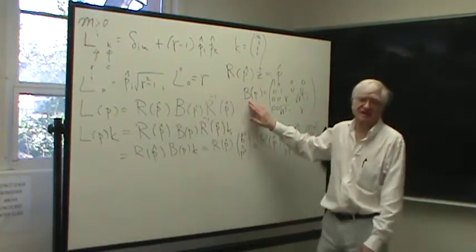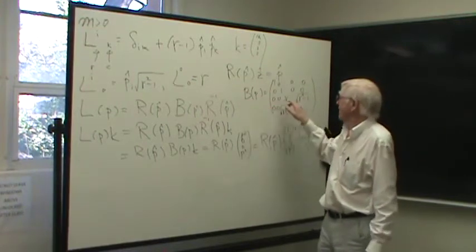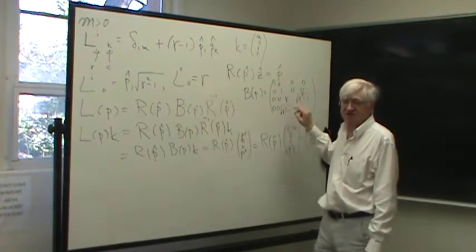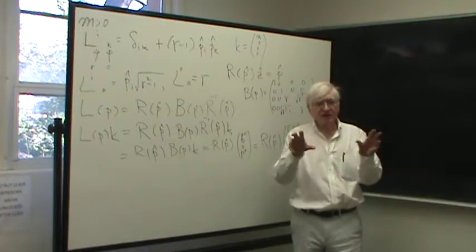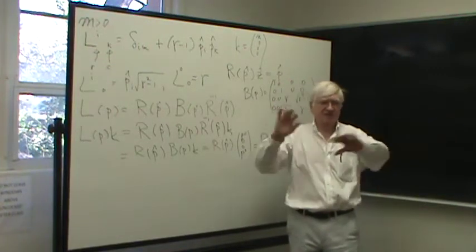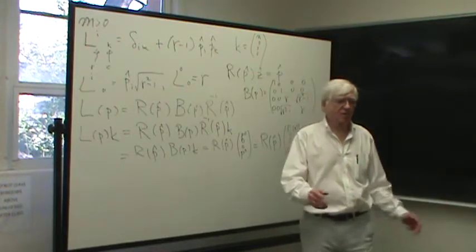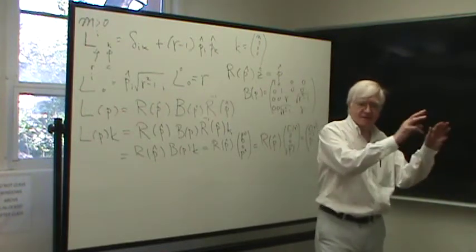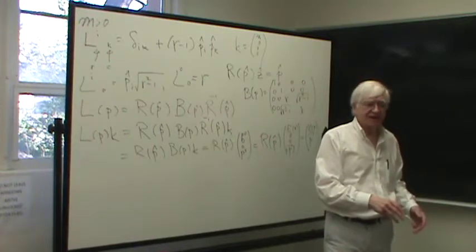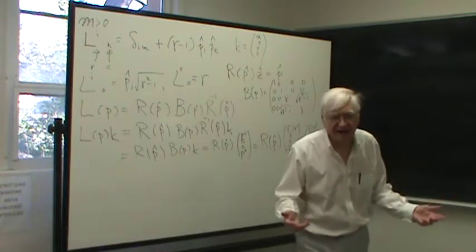This is B for boost, and it's a 4x4 Lorentz matrix. My B's were the generators of the Lorentz group. They're totally different. In fact, I'm going to be talking about those B's in a moment. I called them K.